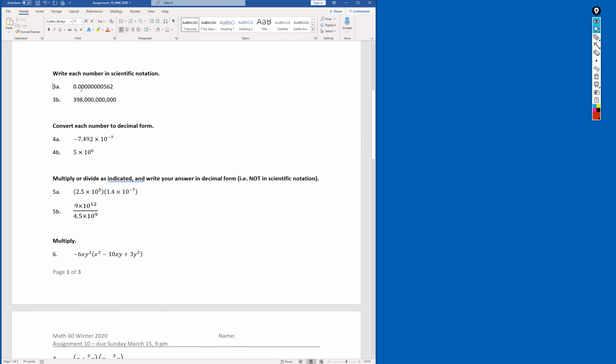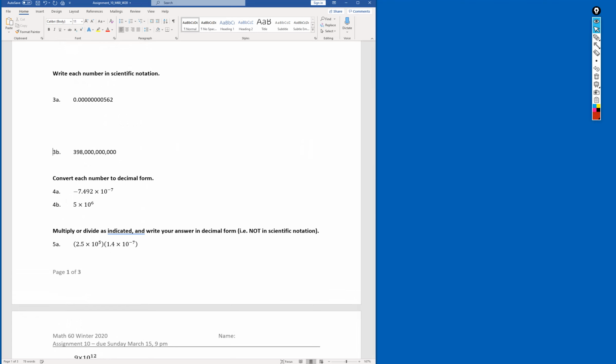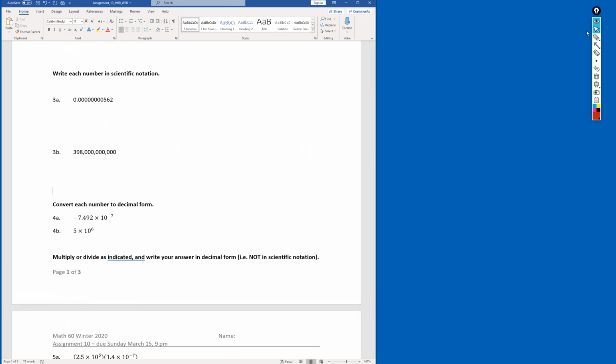All right, and these went very well, but just to make sure, the scientific notation. All right, so on this one, the decimal needs to go right here, right after the 5. 5.62, because you always want exactly one non-zero digit to the left of the decimal point.